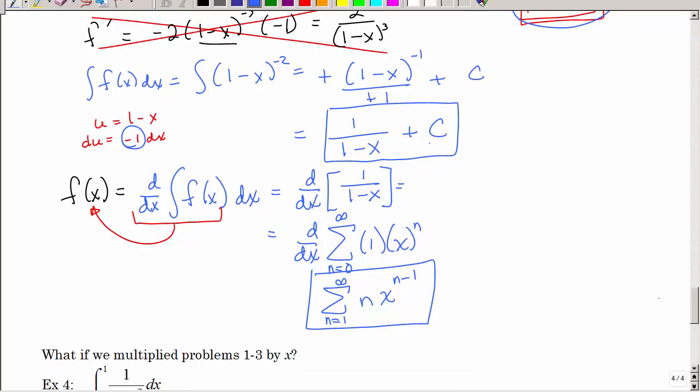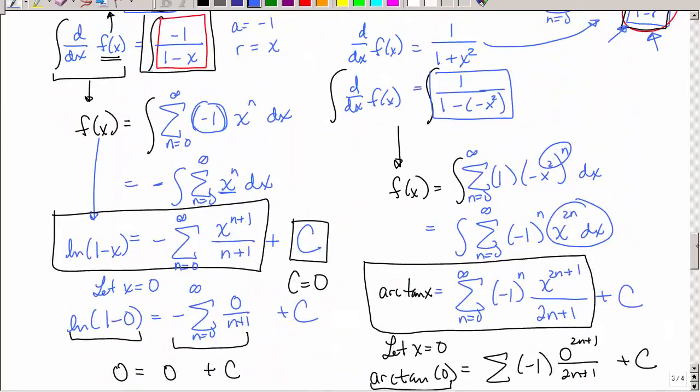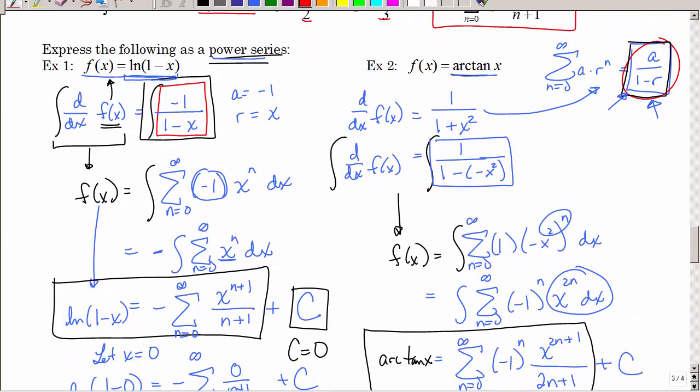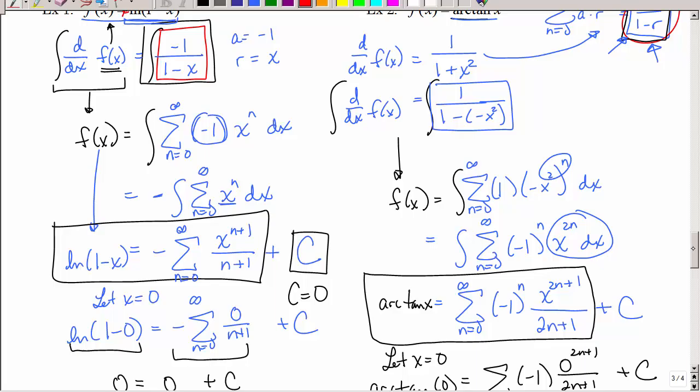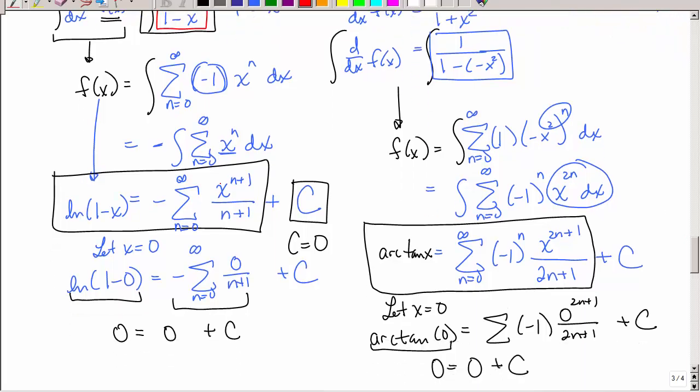My next question is what if we work those problems, but they had an x in front of them? As in, I said, f of x is x times this. Well, believe it or not, the only thing that you would do different is nothing, except that your answer would then be multiplied by x. Same thing here.